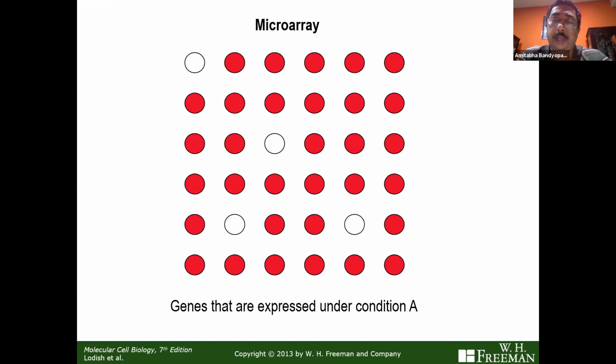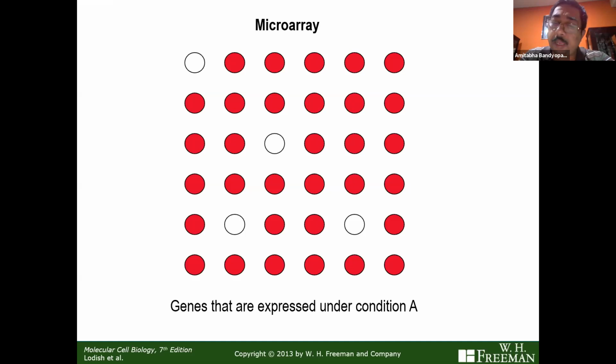Any of those that I described previously, like in presence or absence of a nutrient, or in presence or absence of a transcription factor, or in presence or absence of a signaling molecule, or different kinds of tissues, or the same cell at different points of time, whatever. Just two different conditions. The condition is defined by you, and you want to know the mRNAs that are produced in one condition and not in the other. That is the simple question that you generally ask using microarray.